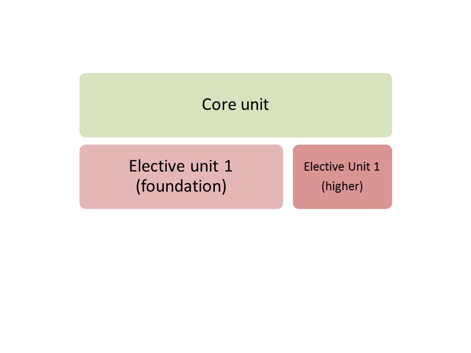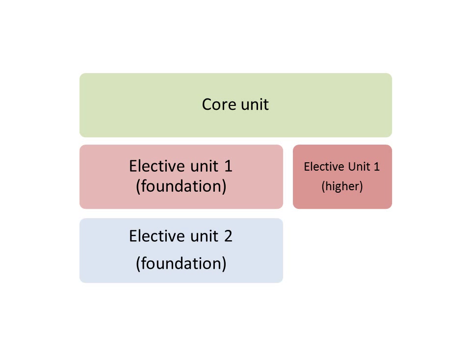Then once you've been through that 3 weeks, you've completed your first elective unit, and then you go directly on to a second elective unit, but in that case you're only covering it to foundation level. It's almost like a subsidiary unit.